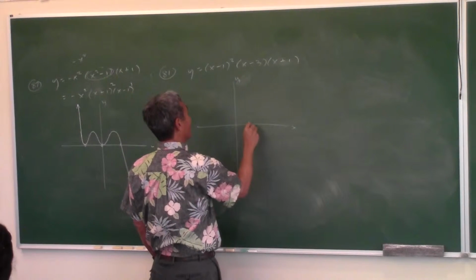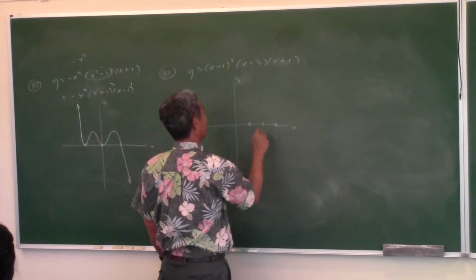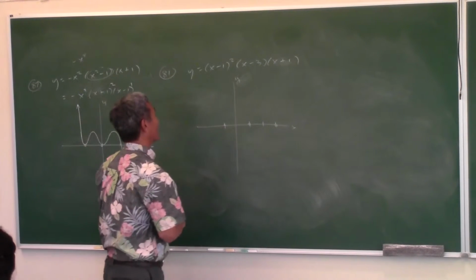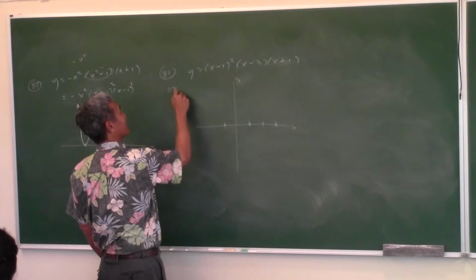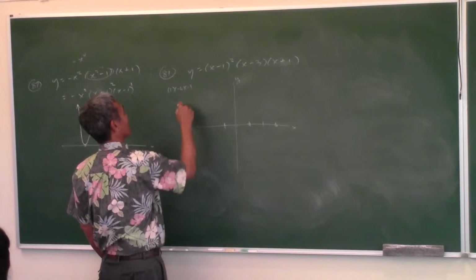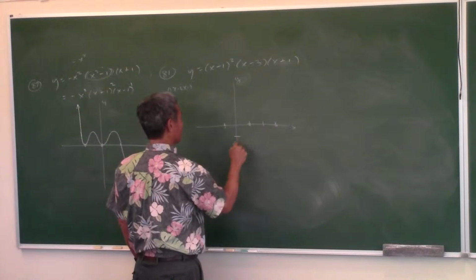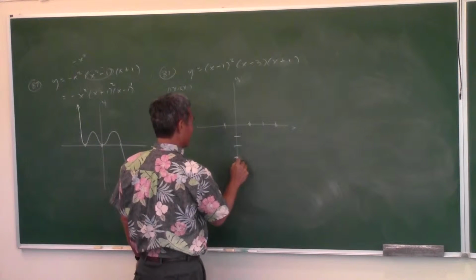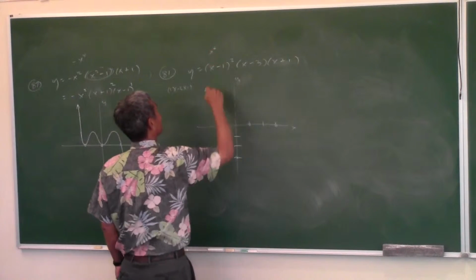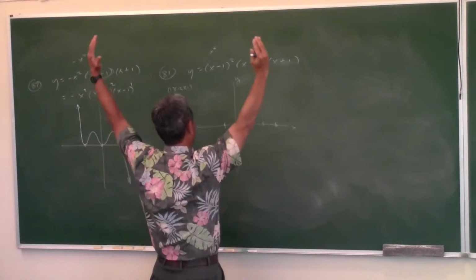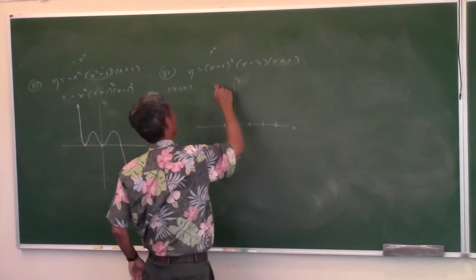Yeah. So 1, 3, -1, and the y-intercept, if you plug in 0, is going to be 1 times -3 times 1, which is -3. 1, 2, 3. And if you were to multiply this out, this would be x to the 4. So leading coefficient positive, the end behavior is like this.